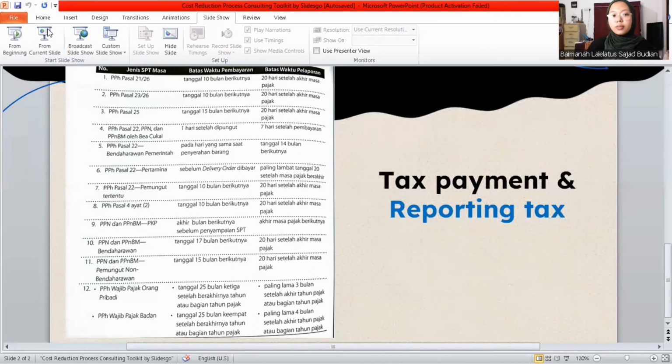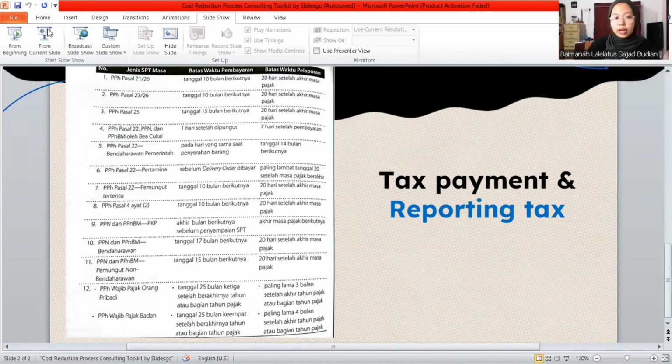And then PPh pasal 22 pemungut tertentu, the tax payment is tanggal 10 bulan berikutnya, and reporting tax is 20 days after akhir masa pajak. And then PPh pasal 4 ayat 2, the tax payment is tanggal 10 bulan berikutnya, and reporting tax is 20 days after akhir masa pajak.